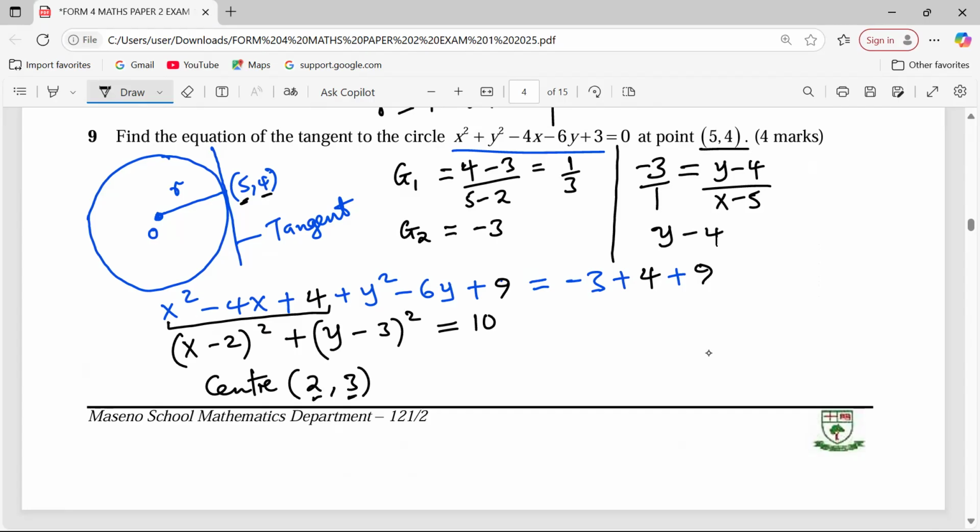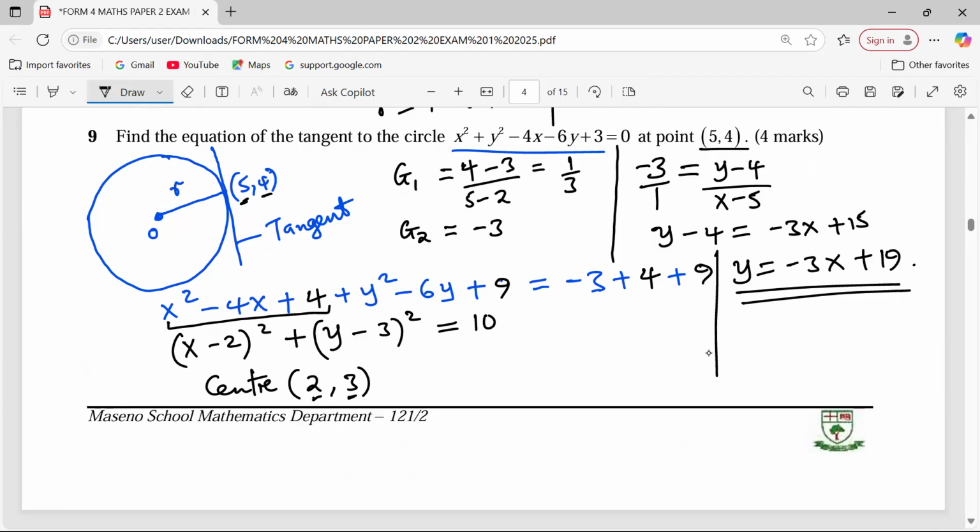Y minus 4 equals -3x plus 15. To remain with y, we shall have -3x plus 19. So this is the equation of the tangent.